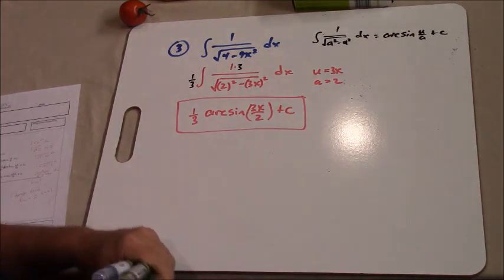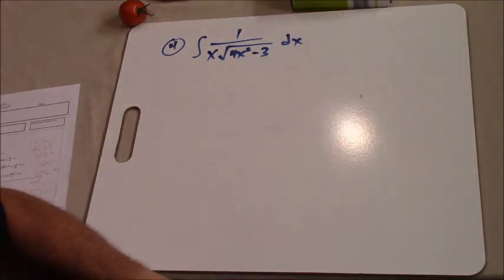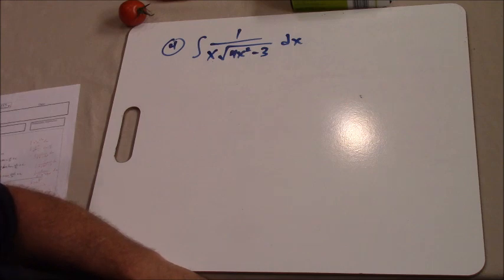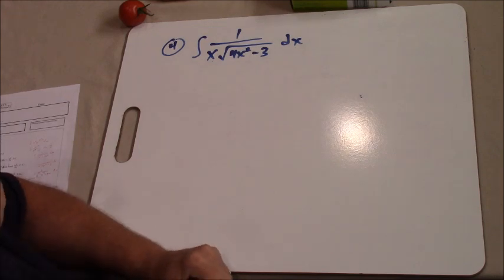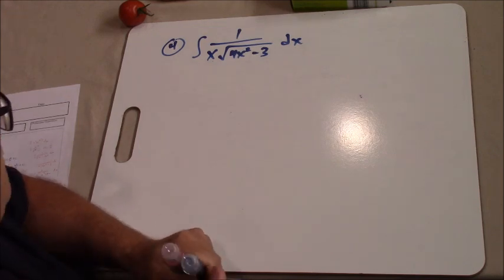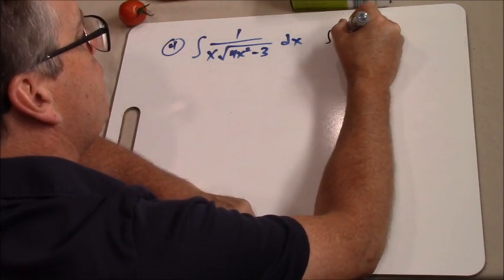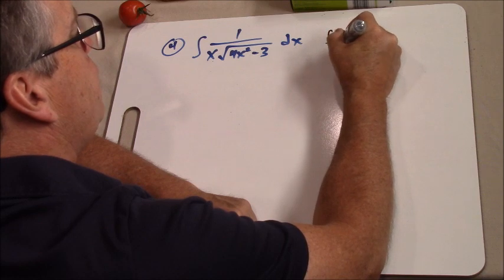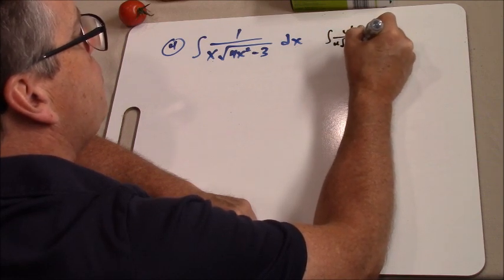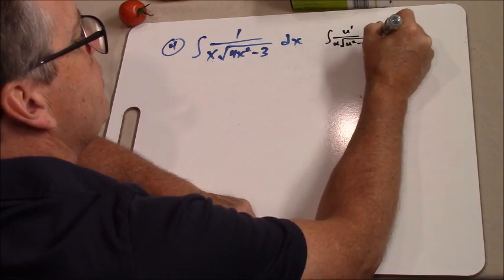All right, try another one. You guys try this one. So this looks like an arc secant, and our formula for that is the integral of u prime over u times the square root of u squared minus a squared du.